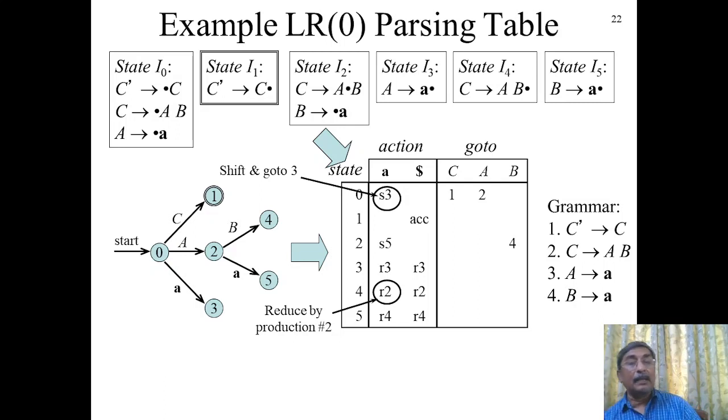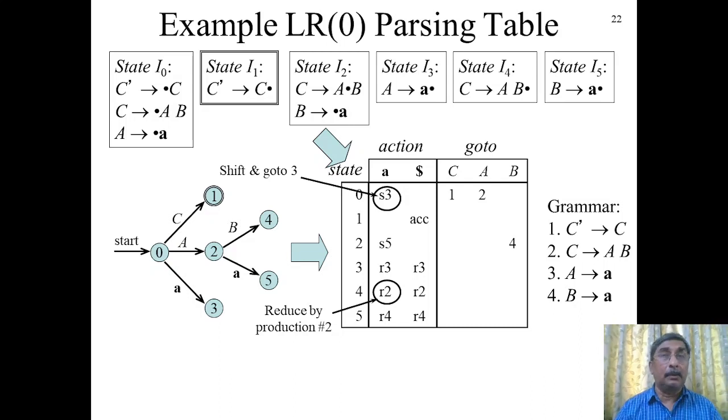Somebody was asking me in the class that in the examination, if I'm asked to find out all sets of states, then how big will be the grammar? The grammar will be similar to this, a very standard small grammar in which I can see whether you understand it or not. So you see here I have only 6 states for this grammar, and this is the DFA for it.